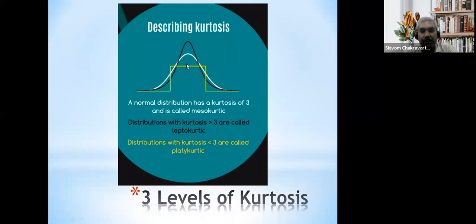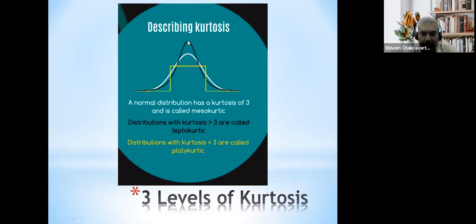That is why it is also the most popular probability distribution. So the white graph is normally distributed data.